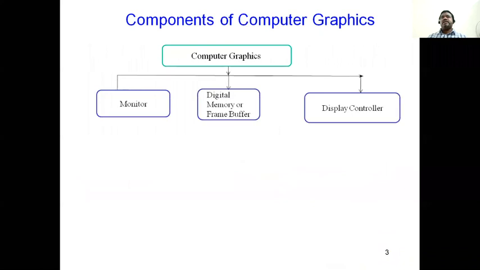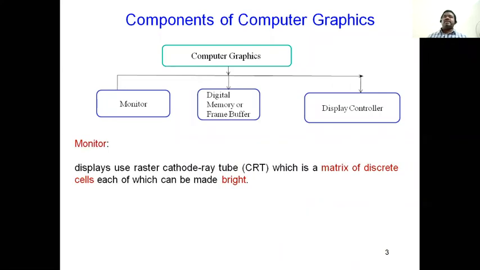Components of computer graphics. I am just refreshing the fundamentals; you will be knowing it already. Computer graphics involves a monitor, digital memory or frame buffer, and a display controller. Here this deals with the CRT monitor, the cathode ray tube monitor.